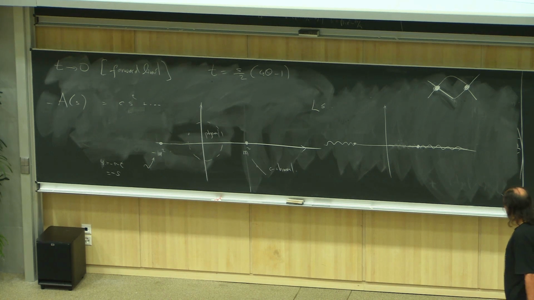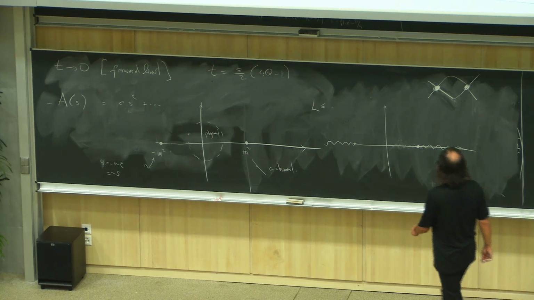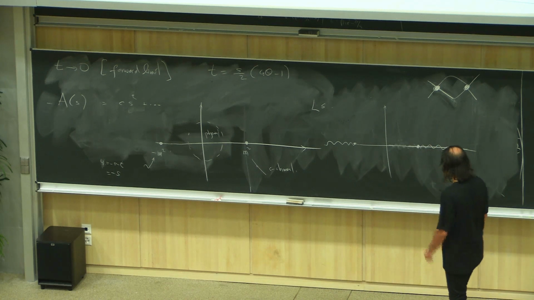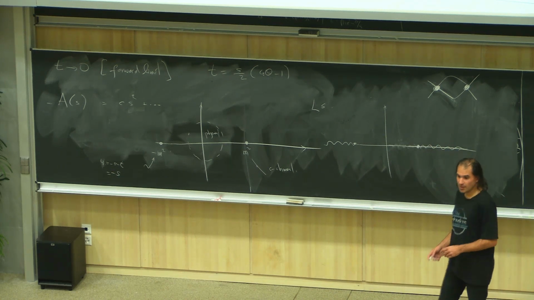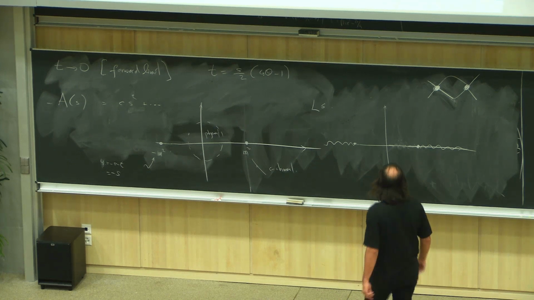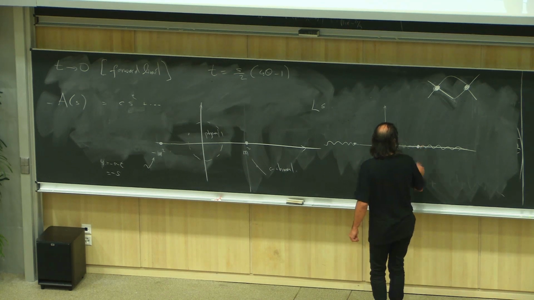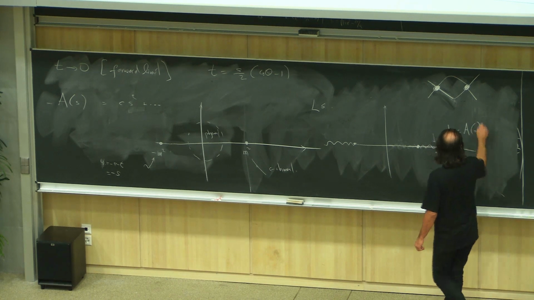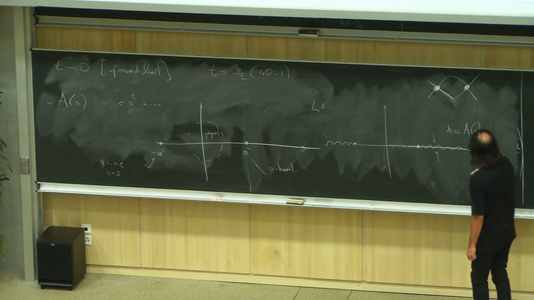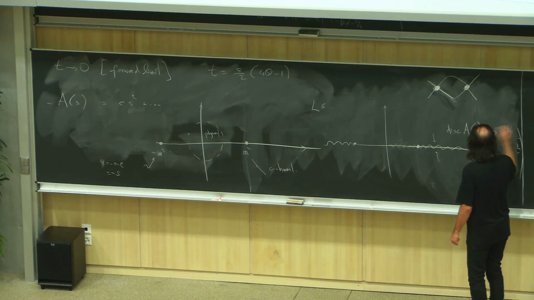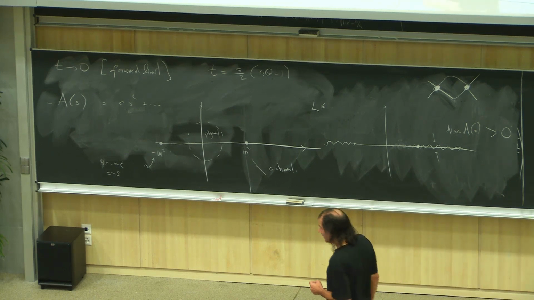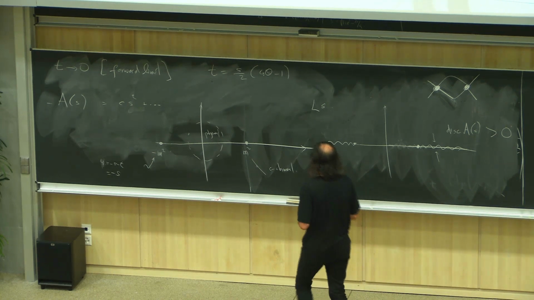I'm going to talk a lot more about that expectation later, but I'm just quickly summarizing an old story now. So we know that the discontinuity of the amplitude across this branch cut is given by a cross section and is positive. Okay, so that's the physics of unitarity.